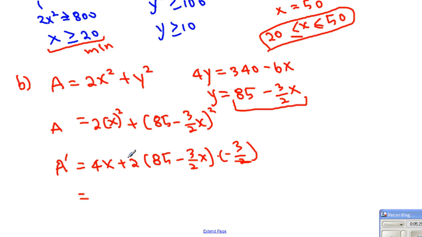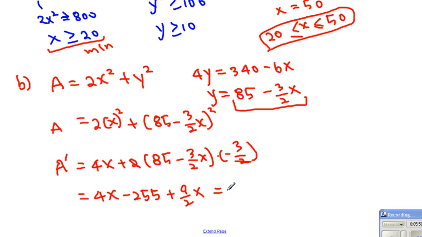The 2 cancels out with this 2, so negative 3 is multiplied to this term and this term. We have 4x already. Negative 3 is multiplied to 85, and it becomes 255. So minus 255, plus 9 over 2 x.